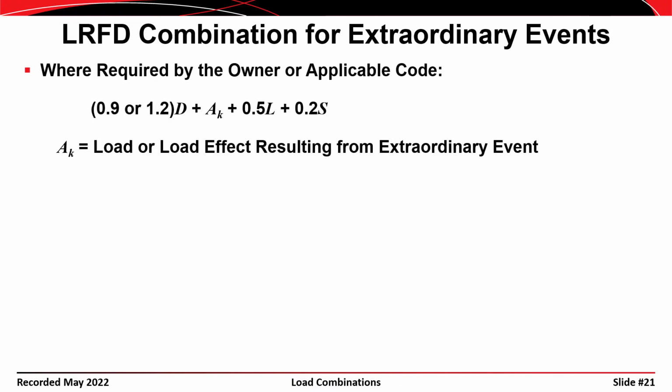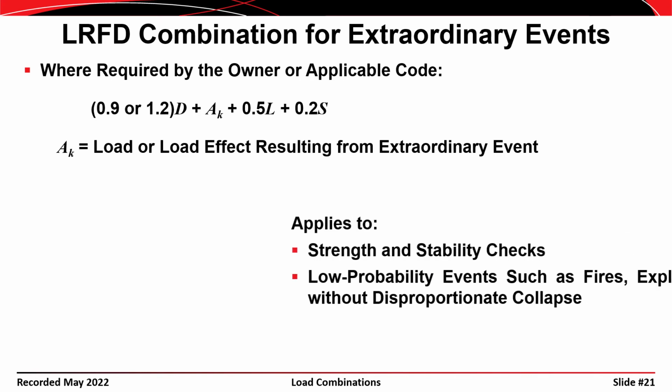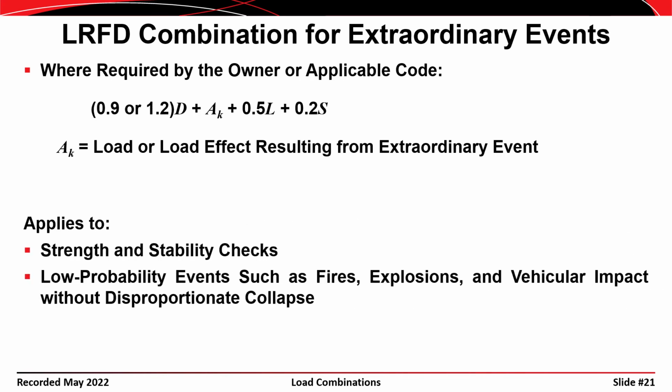Okay, in the LRFD load combinations, there is a way of accounting for extraordinary events that aren't included in the basic load combinations. So these cover things like fires, explosions, vehicular impacts, blast loadings, and things like that.